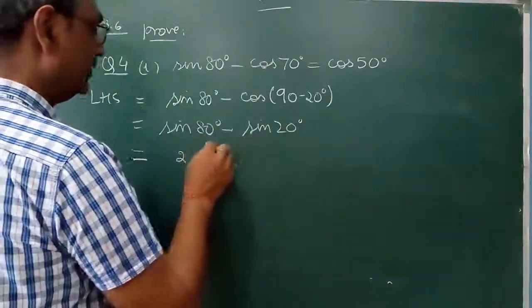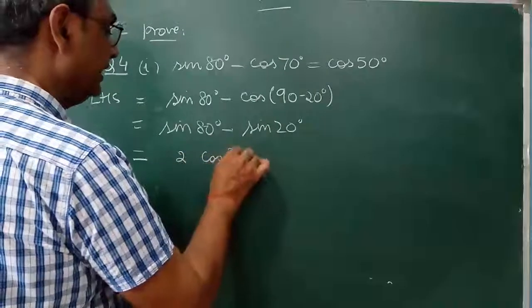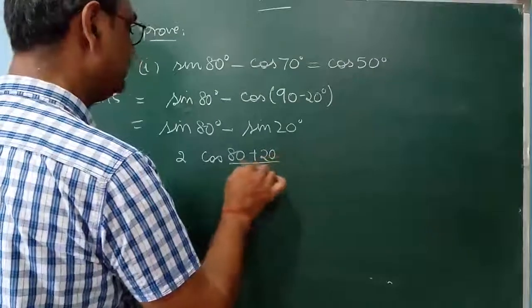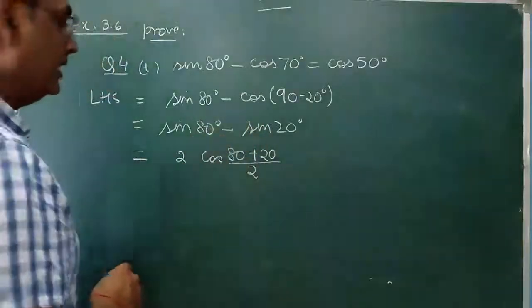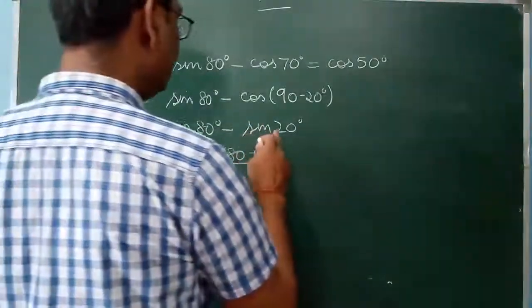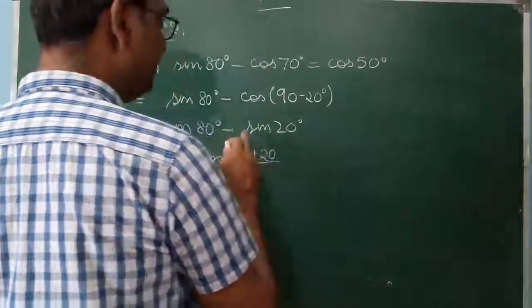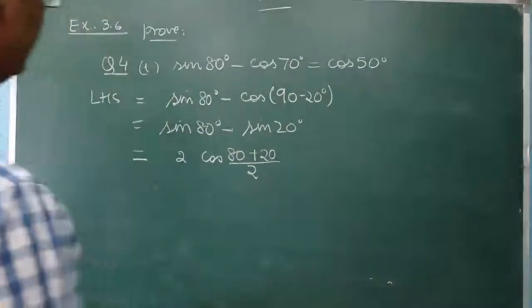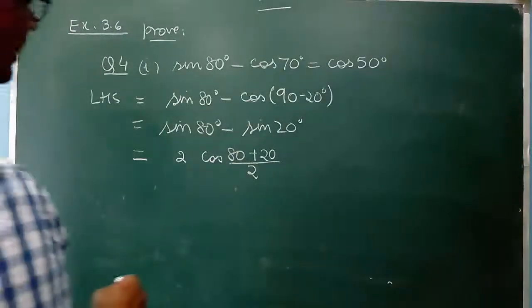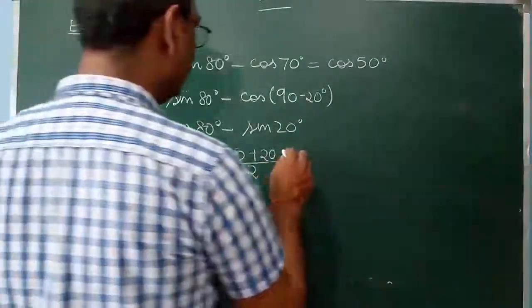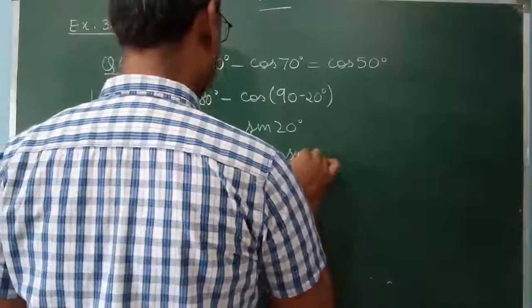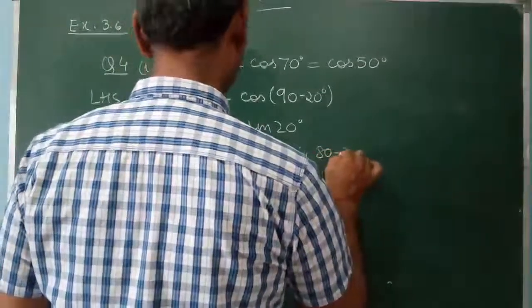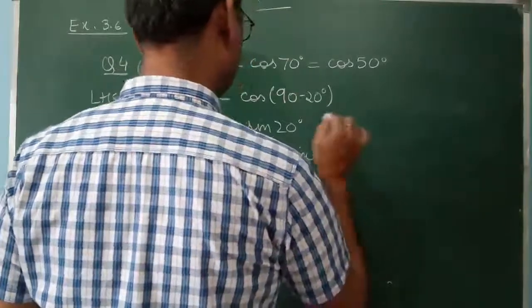Sin A minus sin B is 2 cos((A plus B) by 2) into sin((A minus B) by 2).